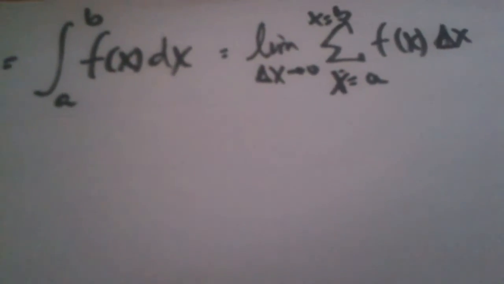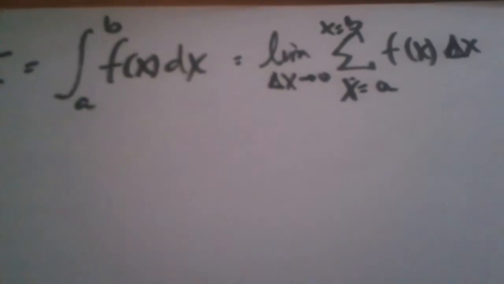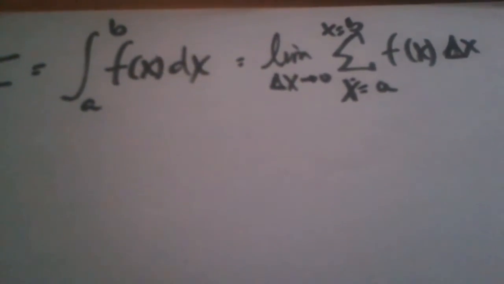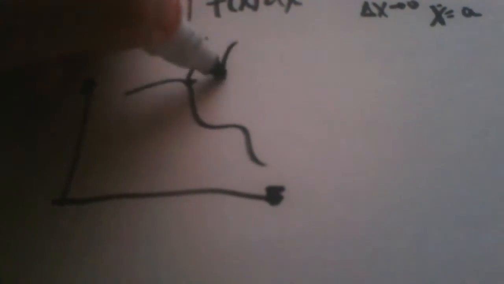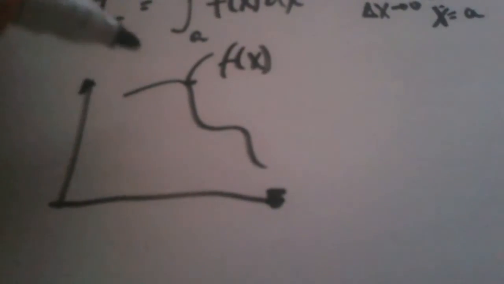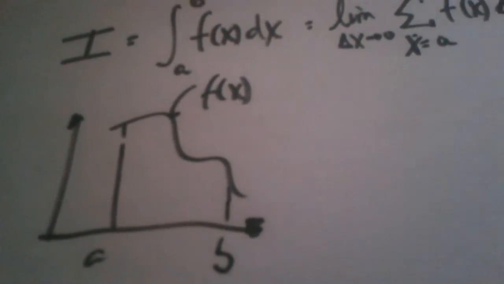Little intervals of these functions might help us to calculate integration. So let's see it in a geometric way. We have our plane and a function f from a to b, just to put some boundaries.